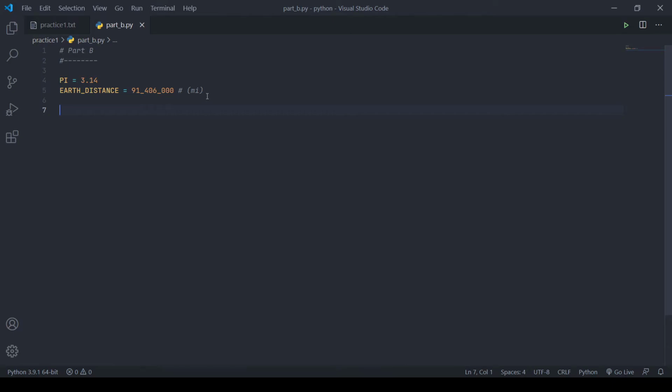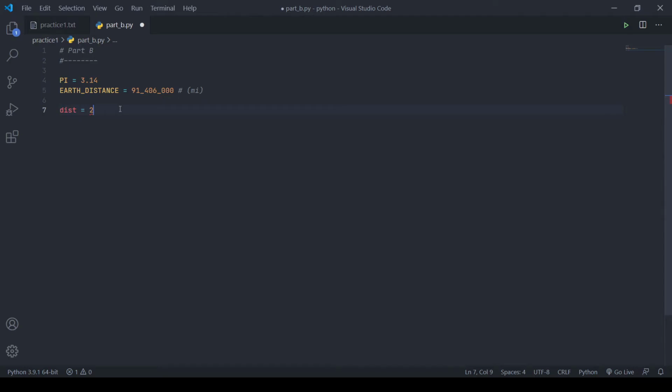So basically we'll call this dist, and this is just going to be the circumference of a circle. So you want to do pi times the diameter or 2 times pi times r, and in this case the radius is as far as it is from Earth, because the sun is going to be in the center of this circular orbit.